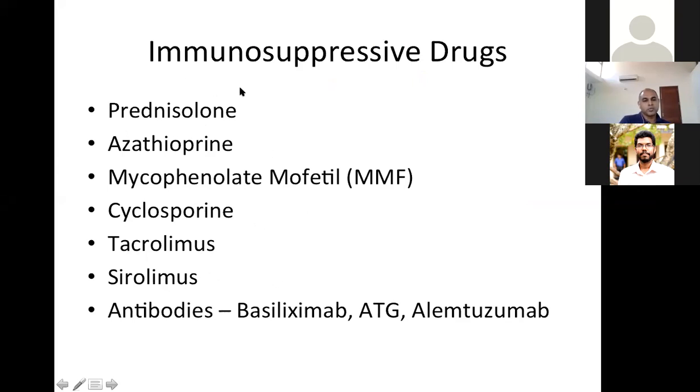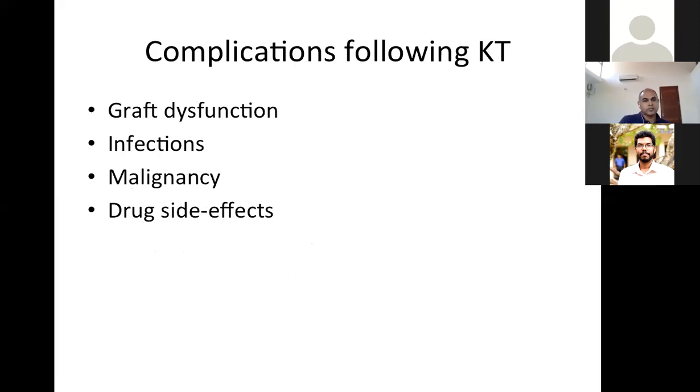So you don't need to know a lot about these drugs, but you need to know a few names, and also a few complications following kidney transplants: infections, high risk of malignancy, because their immune system is important for surveillance against malignancies, and also drug side effects.